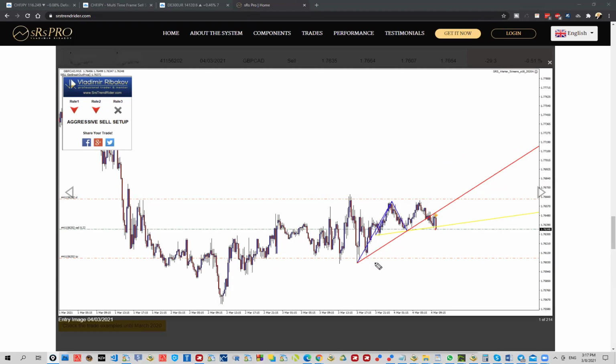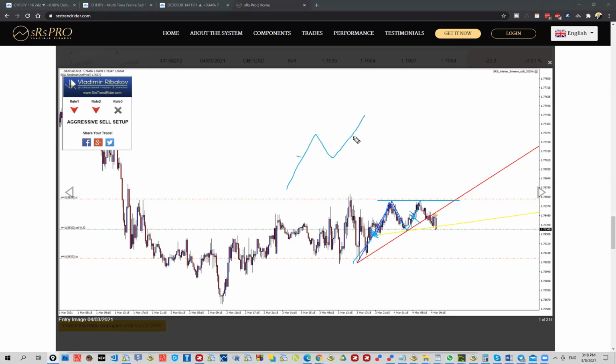Now, again, the thing that I don't like in this case is the actual trend line breakout, because what's happening here is either we have this with a double top, and here the two waves are not symmetrical, not even 61.8.